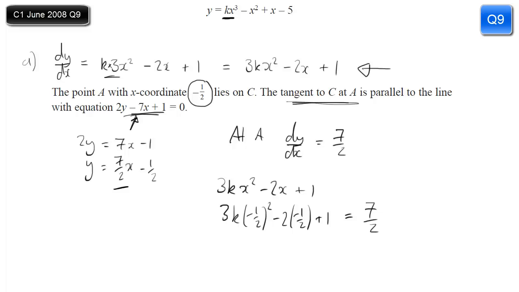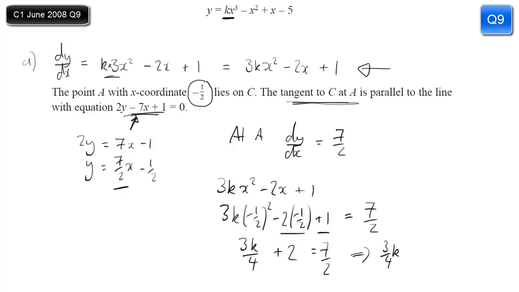Minus a half squared, well, a half squared is a quarter, so is minus a half squared. So that's 3k over 4. Minus signs cancel in this term. 2 times a half is 1, so we've got plus 1 plus another 1, so that's plus 2 equals 7 over 2.